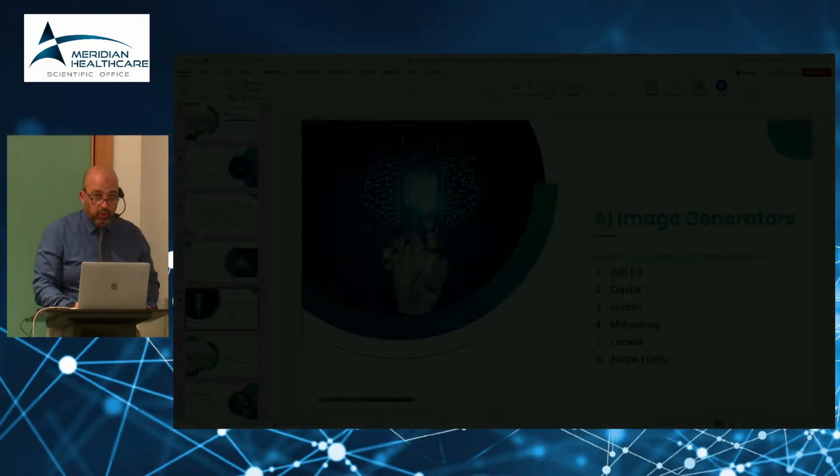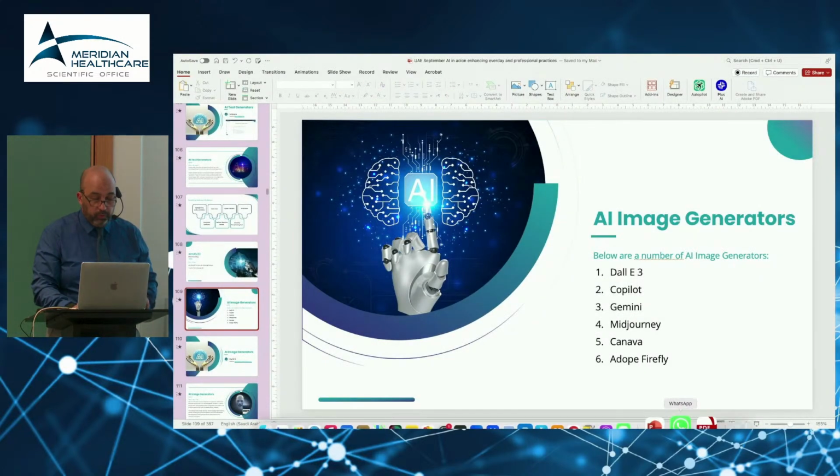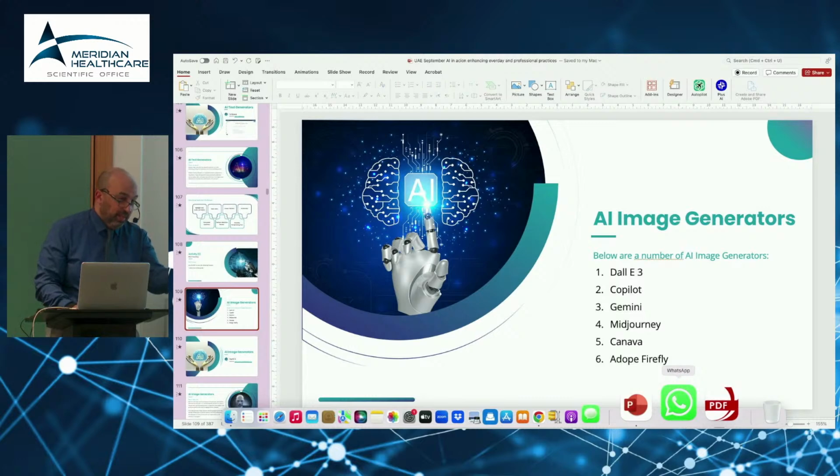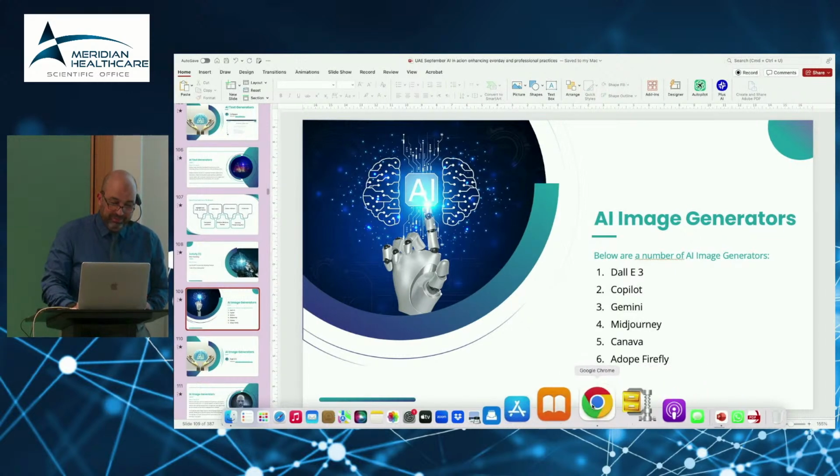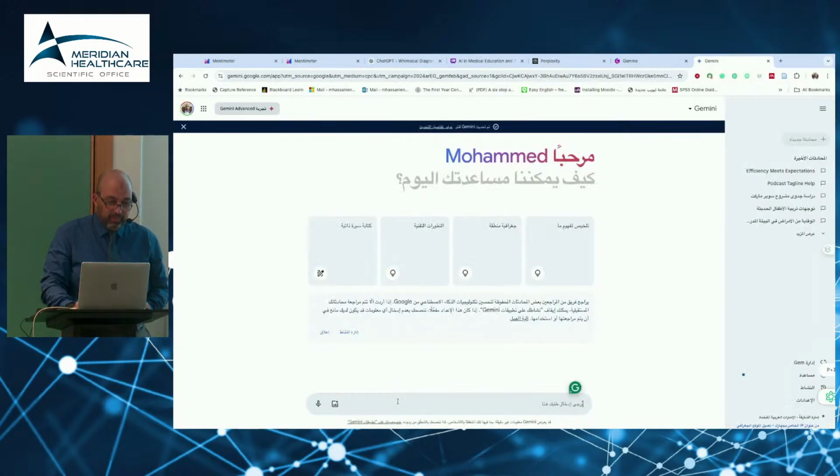Could you give me a suggestion for an image or a prompt for an image? London Eye, okay.